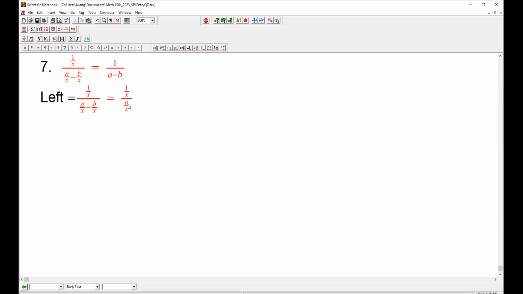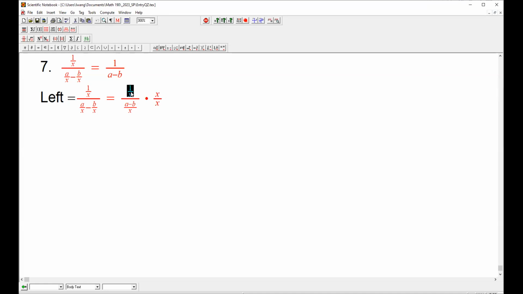So the denominator would be a minus b divided by x. Then if you multiply x on top and x on the bottom, assuming x is not 0, you multiply by 1, and anything times 1 stays the same.